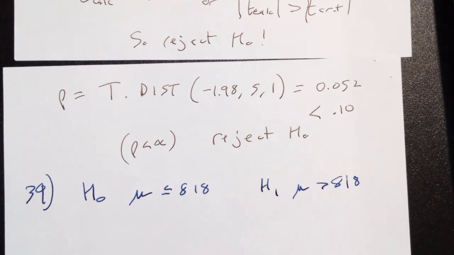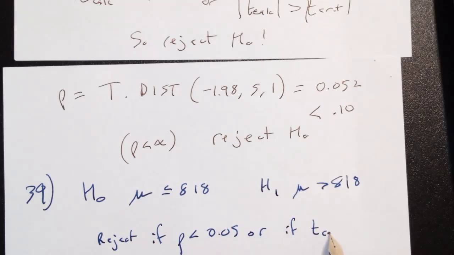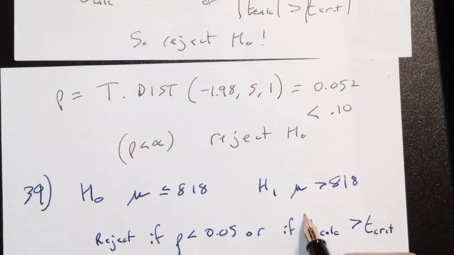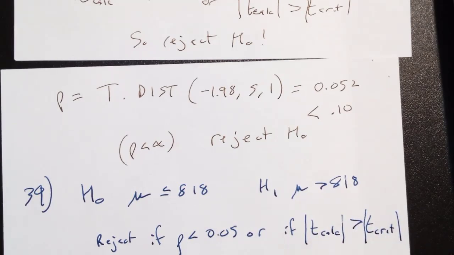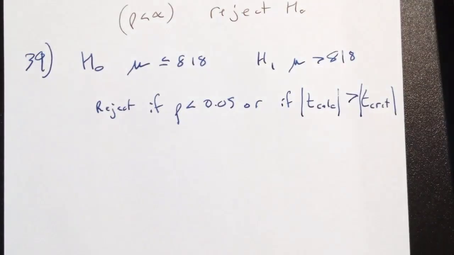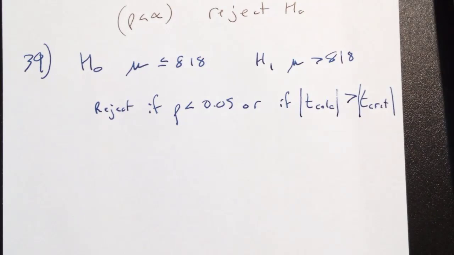We reject if the calculated t-value is higher than the critical value. And if I put absolute values here, that's not going to change anything, because if I'm thinking about it going up, I'm going to assume these are positive numbers.